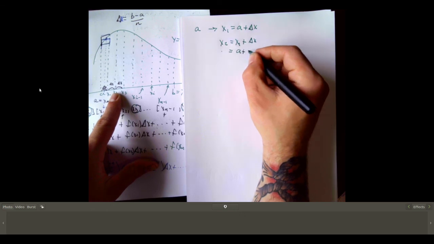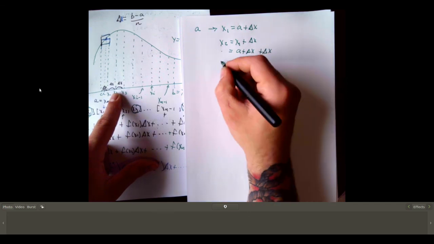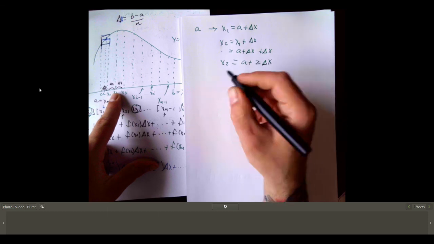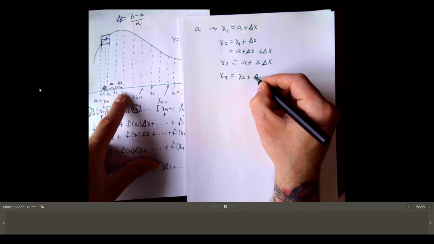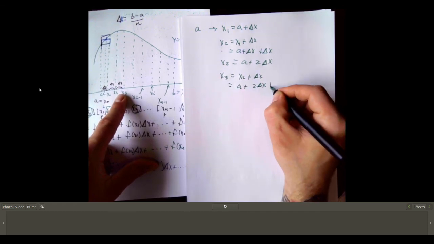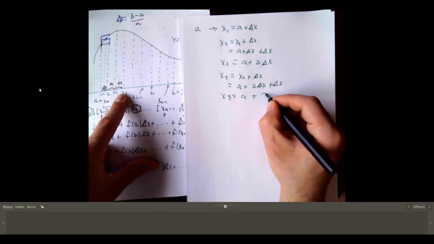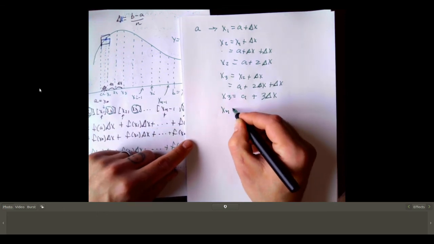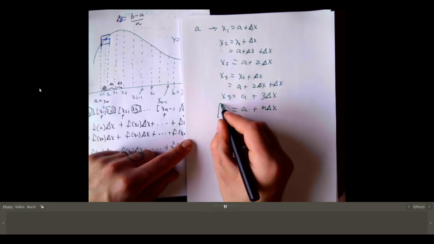That's a plus delta x plus delta x, and we get x2 is equal to a plus 2 delta x. x3 is going to be x2 plus delta x, which is equal to a plus 2 delta x plus delta x, and we get x3 being equal to a plus 3 delta x. That means x sub n is going to be equal to a plus n delta x.